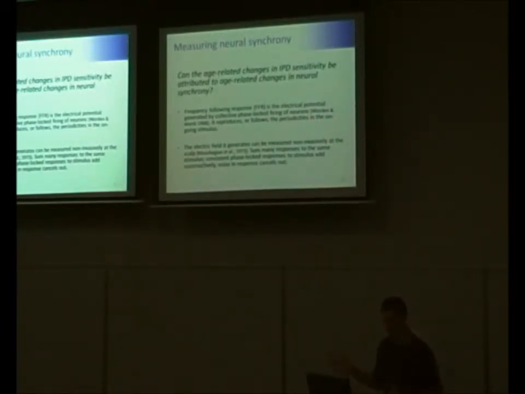If you play a tone to them, what you get out with your FFR is basically approximating that tone, and this happens because of the phase locking in the brainstem as well. And everything else that's not a response to that sound should get cancelled out over a great many averaged EEG trials.